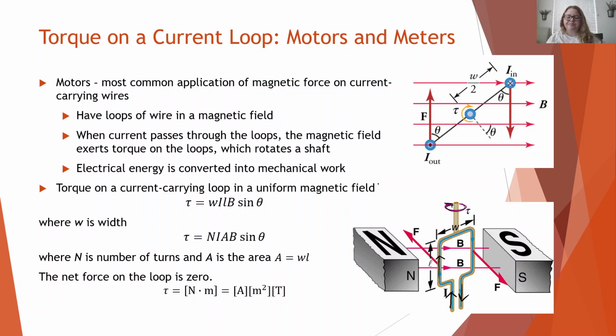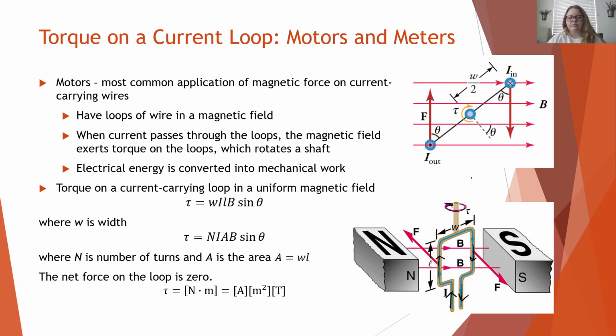On this side, it's going towards negative y, so we'll have a force in this direction, kind of like towards us. Those forces create some sort of torque, and so the loop will rotate. The motor will start to rotate.